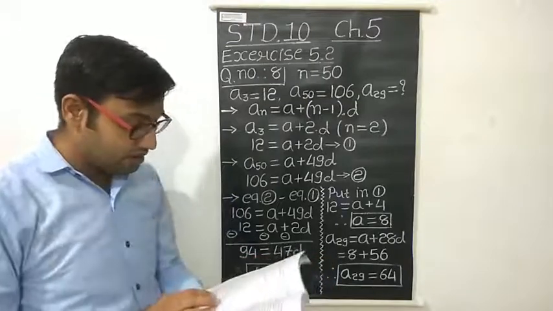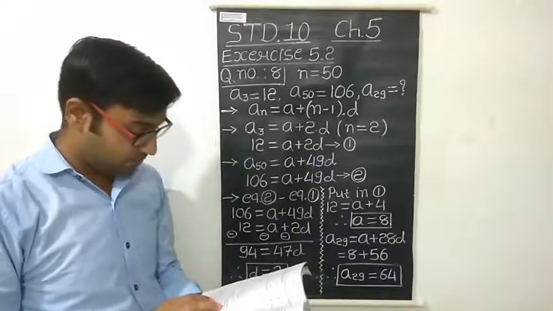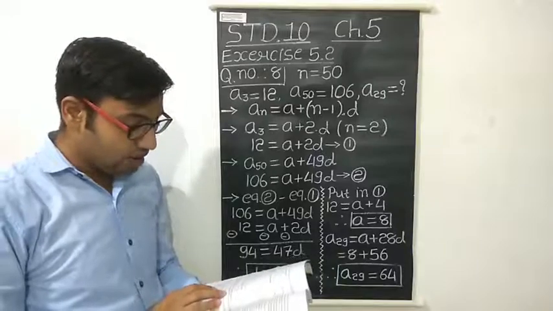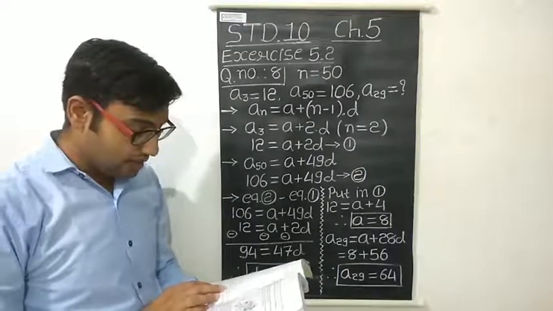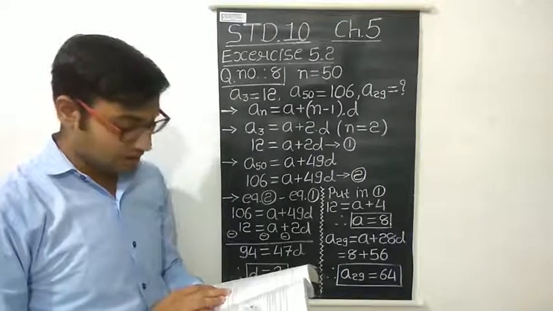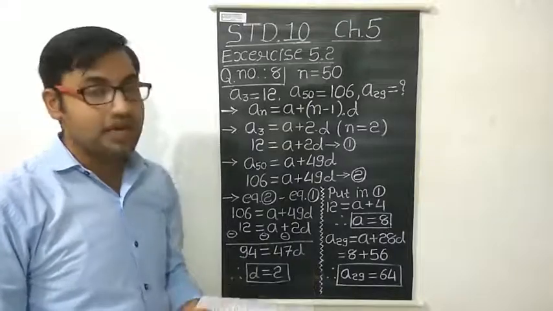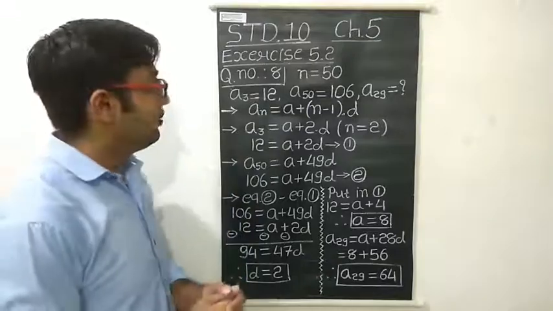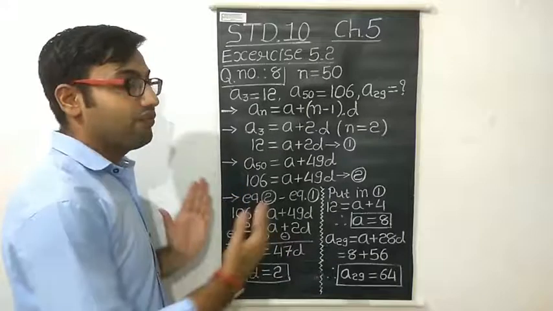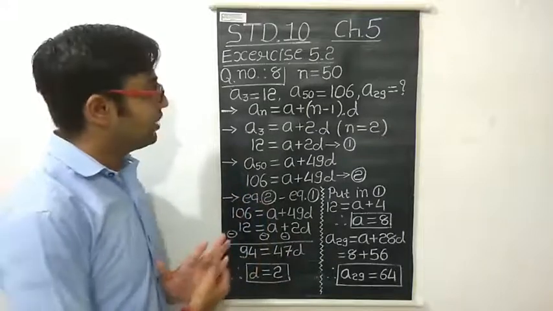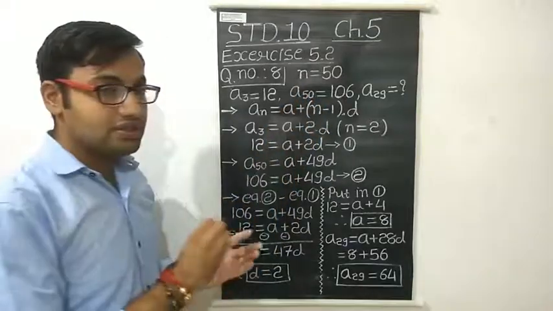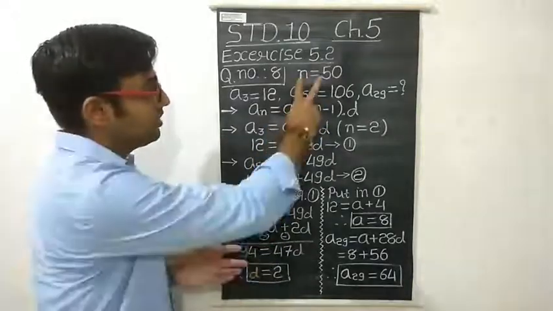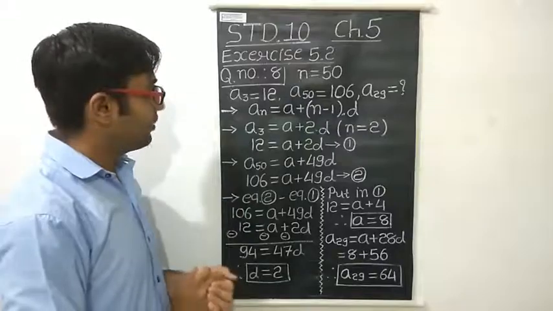Question number 8 is: an AP consists of 50 terms, of which the third term is 12 and the last term is 106. Find the 29th term. First of all, we are given that there are a total of 50 terms, so the last term is a50.